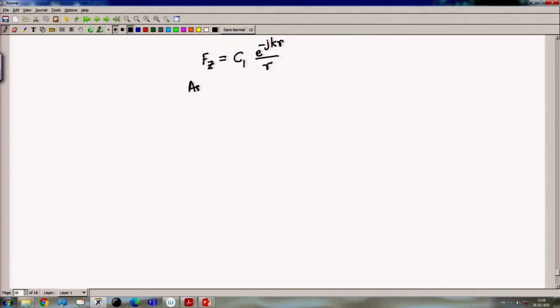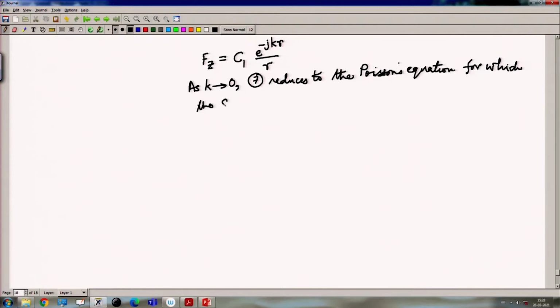Now, as k tends to 0, equation 7 reduces to the Poisson's equation, for which the solution is f z equal to K L by 4 pi r.